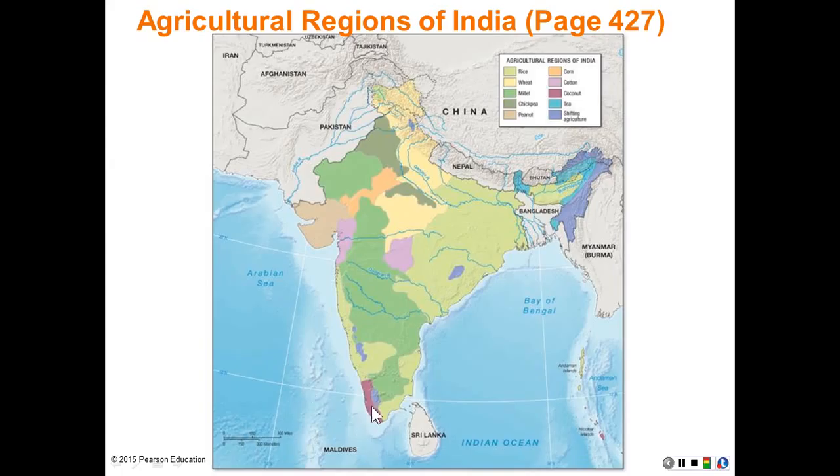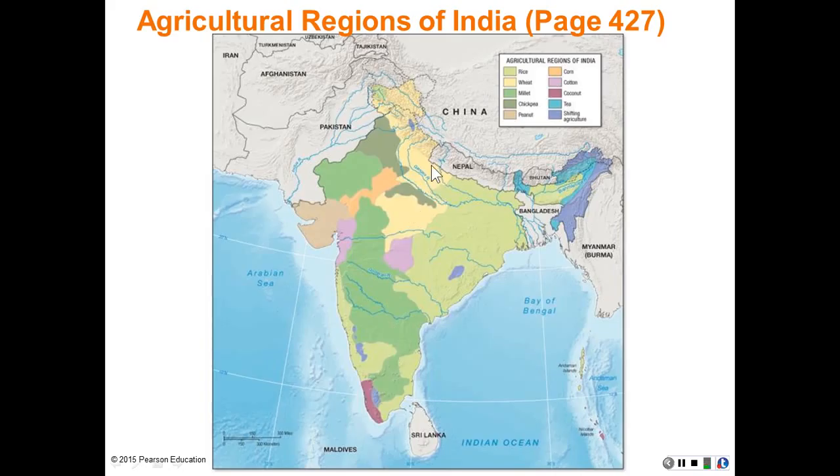In the south, we see regions where coconut groves predominate agriculture, and also some tropical type regions where shifting agriculture occurs. As we move up to the center of the plateau, we see grains more common, millet, wheat, and some corn.